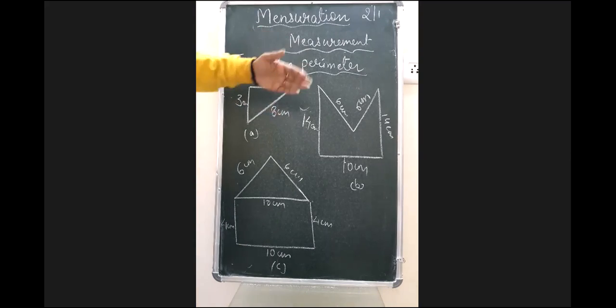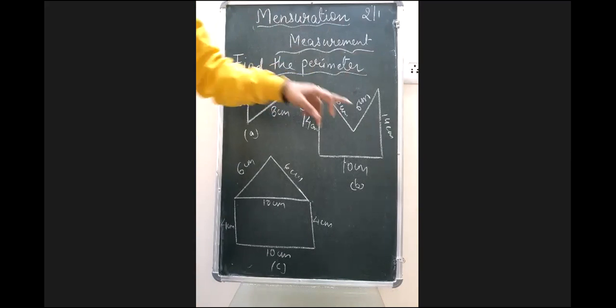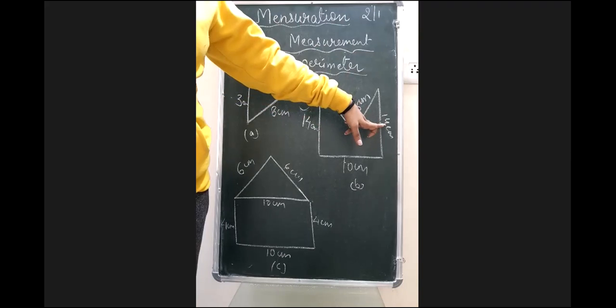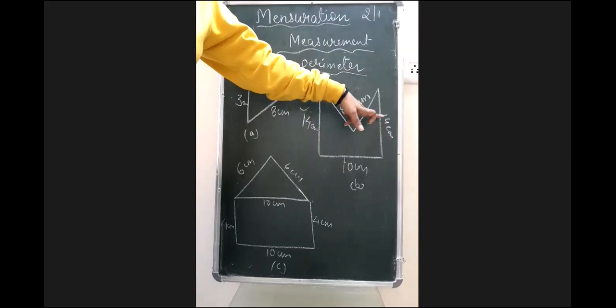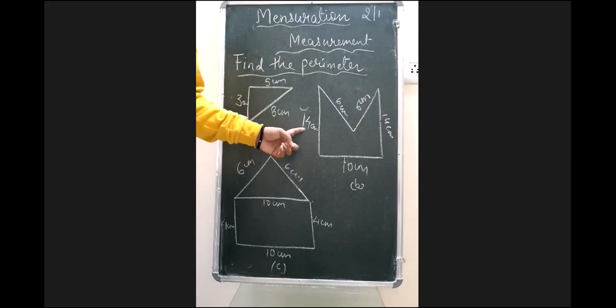Now moving on to the second question. This is 6. This is 6 which will give us 12. 12 and 4 will give us 16. 16 plus 10 will give you 26. 26 and 10 will give you 36. 36 and 4 will give you 40, and 40 plus 10 will give you 50.